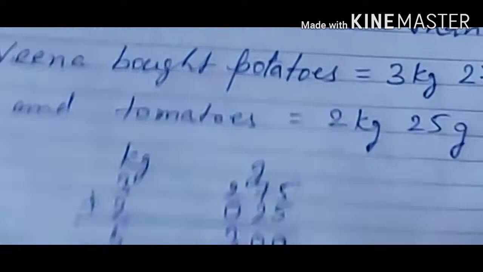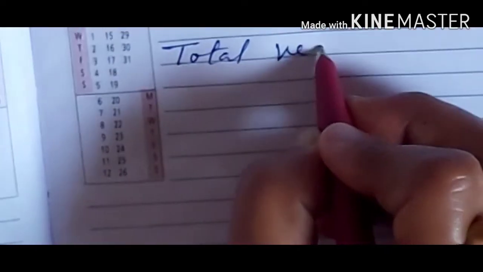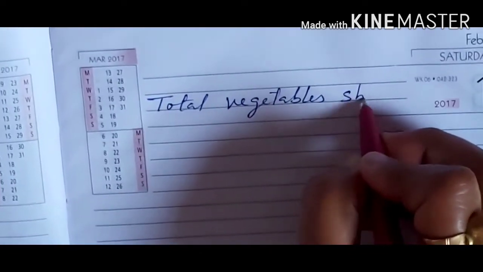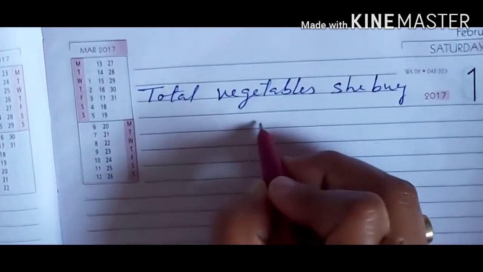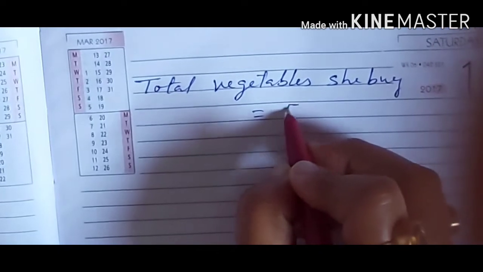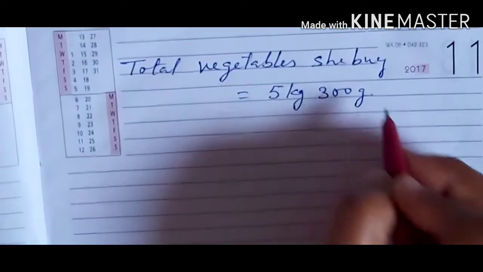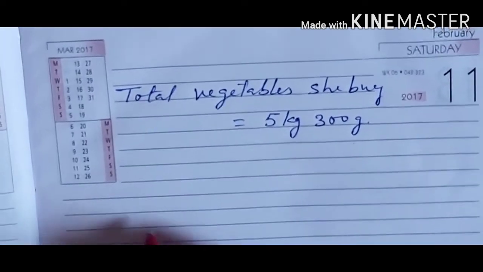So total vegetables she buy is equals to 5 kg 300 gram. Now go to the next question.